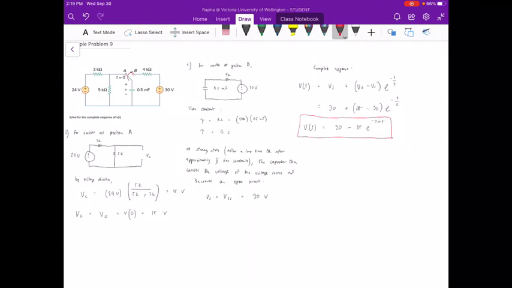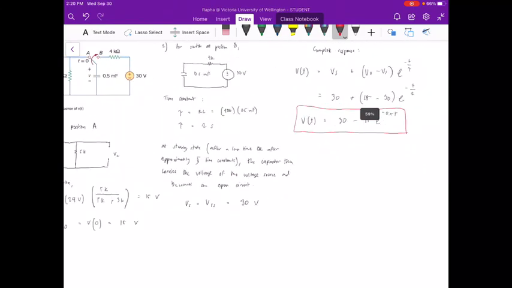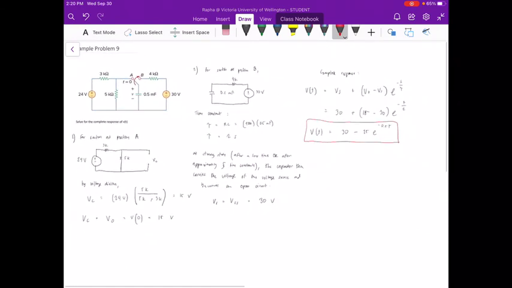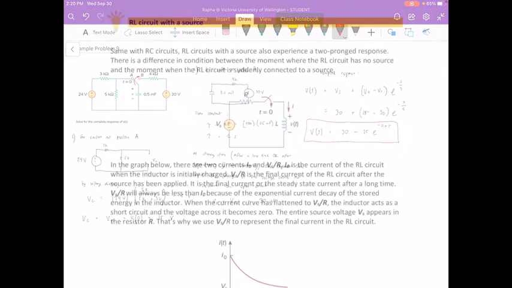For example, if we are required to calculate the value of voltage at t equal to 4 seconds, then you will just substitute 4 seconds for the variable t in this formula, so you can obtain a constant value of voltage at a particular time. So that's it for a sample problem for RC circuits with a source.